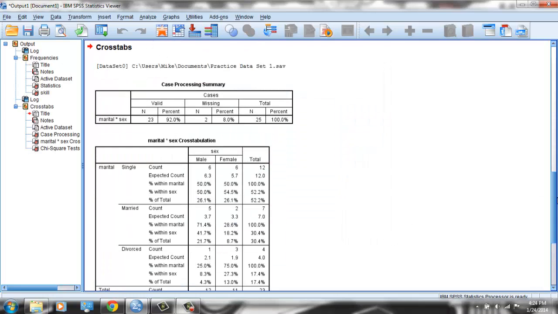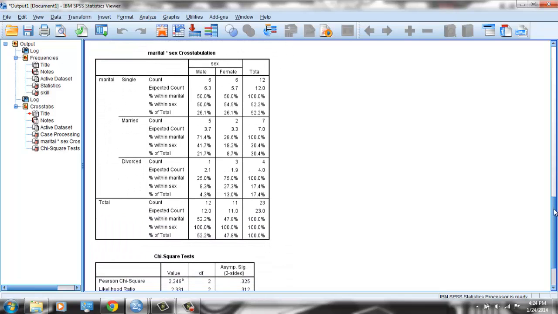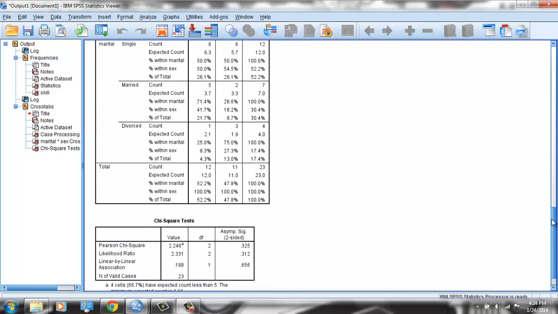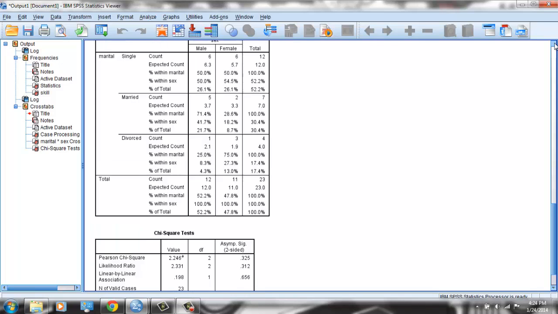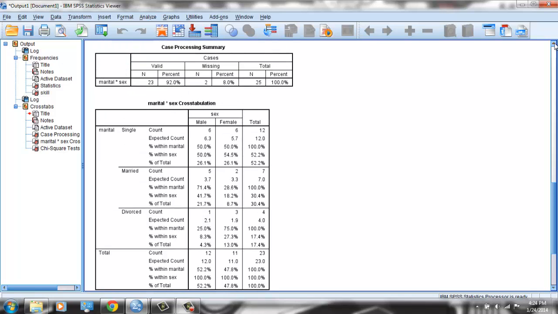And ta-da. I always cheat and look down here at the chi-square first. This is your p-value for it, and it's above 0.05, so what we're saying is there's no relationship between sex and marital status. Now the question in your book asks about what percentage of participants are married?